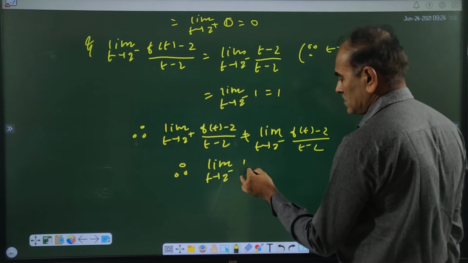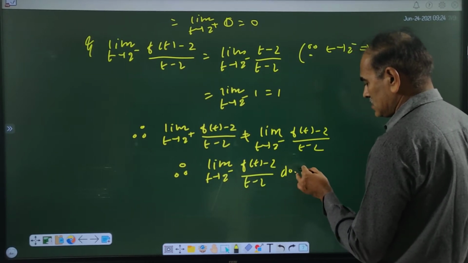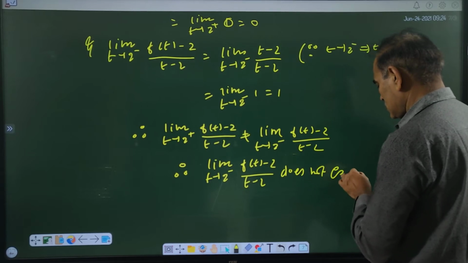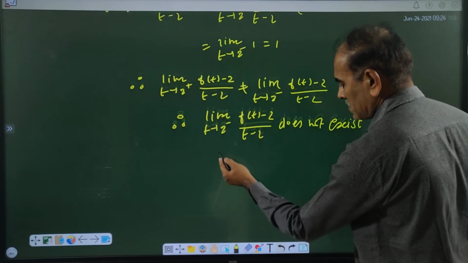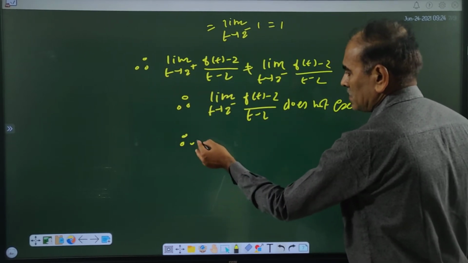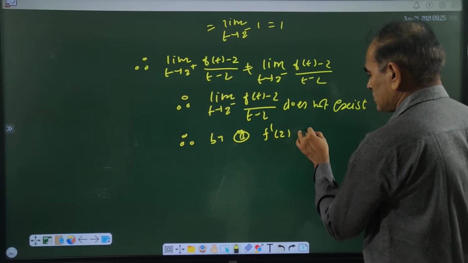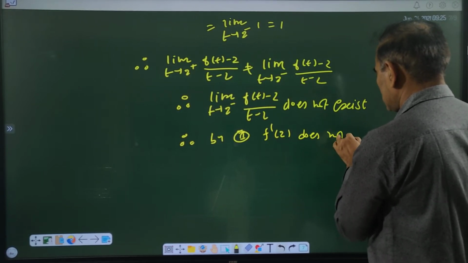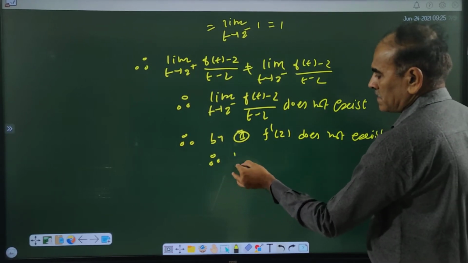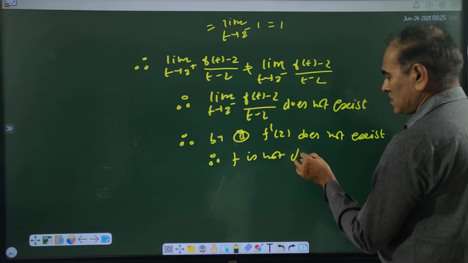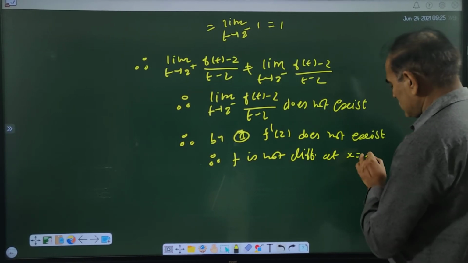Therefore, f dash 2 does not exist, and therefore f is not differentiable at x is equal to 2.